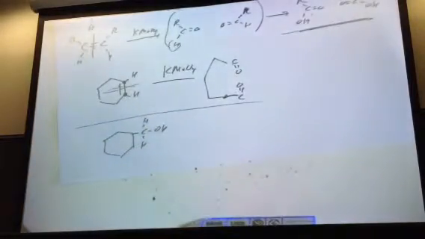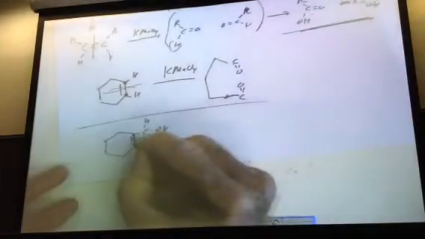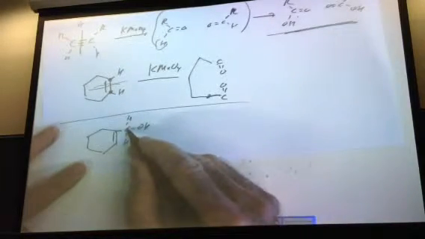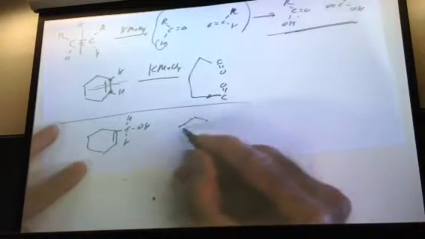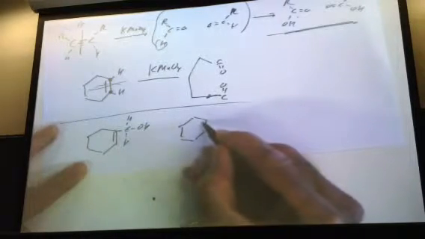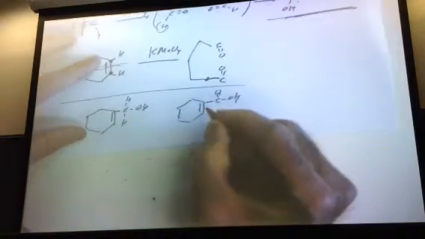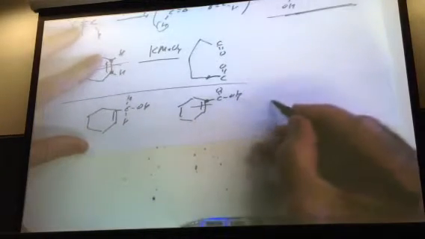It depends on where the double bond is located. Okay, so here's the double bond. So this carbon here becomes a carboxylic acid. And then on top of that, you snip this piece here. Okay, so what a mess.